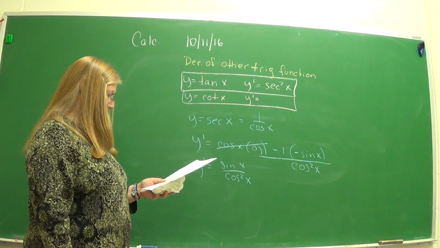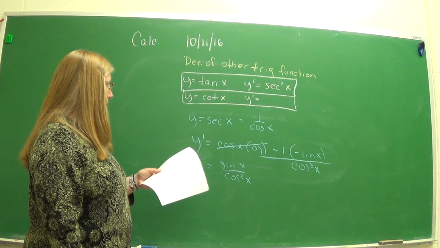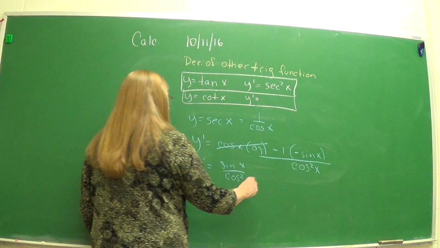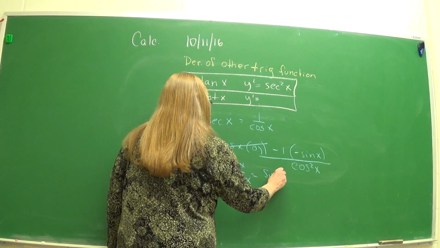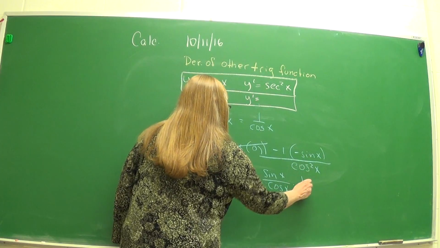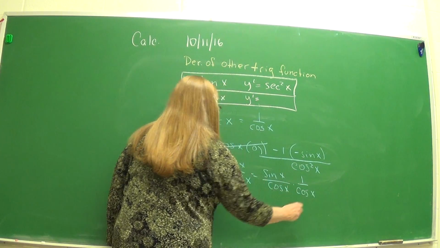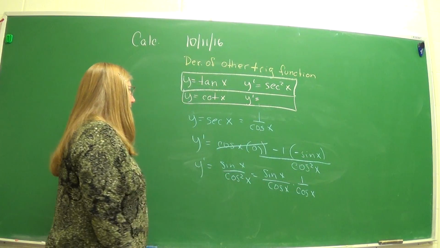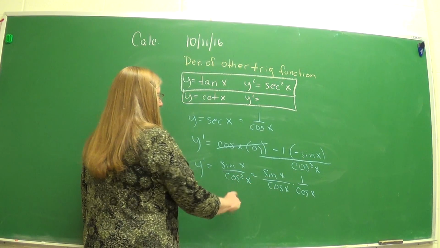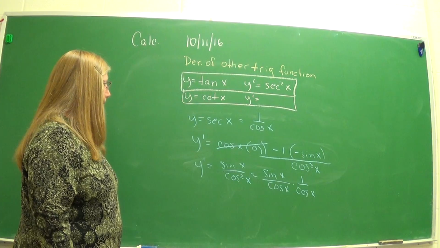This little trick you can use when I ask you to do the cosecant. We're just going to regroup sine x over cosine x and 1 over cosine x. See how these two expressions are equivalent. I just pulled apart the cosine x and regrouped it.